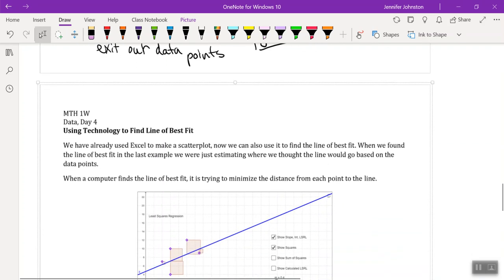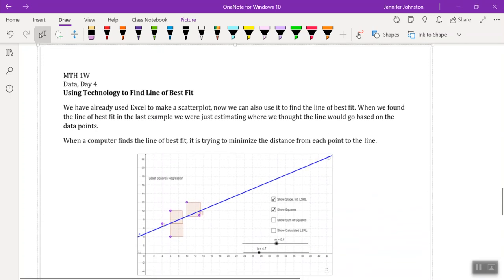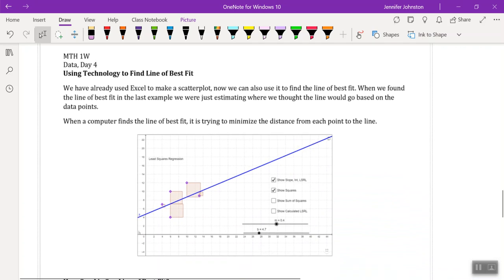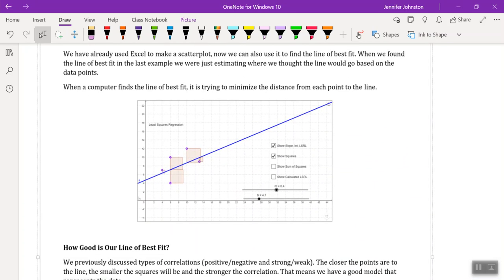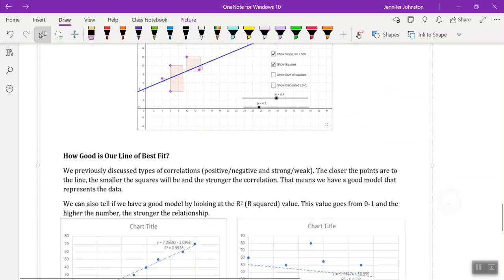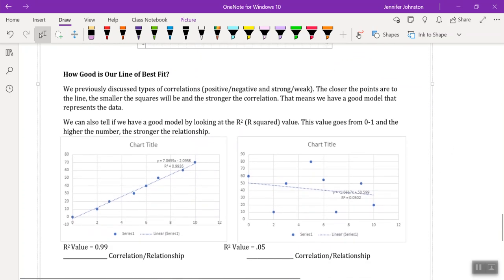Right, lastly, using technology, we would have done some of this yesterday, looking at a line of best fit. We find what we call the mean data point. Here we're looking at whether it's positive or negative. Looking at this graph, it's going up, so positive.